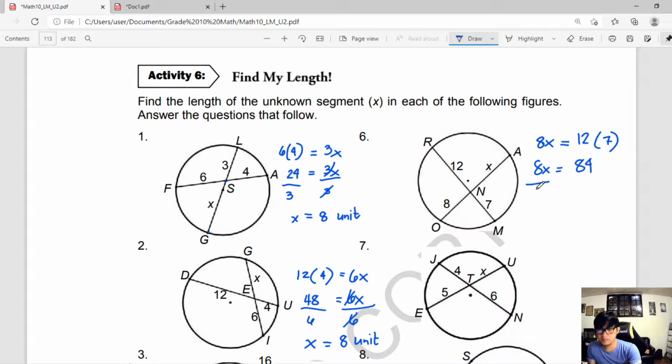Divide both sides by 8 so that we can cancel this one, and x is equal to 10.5. So the measure of x here is 10.5.